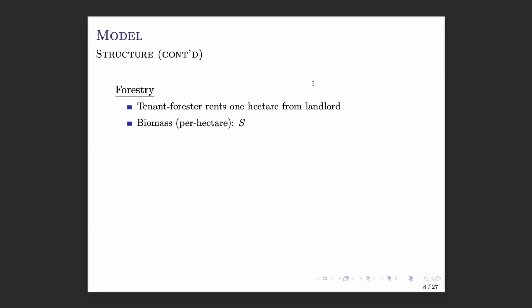Each hectare of forest land has a biomass stock, capital S, and denote by lowercase h the harvest per hectare. And then there's a biological law of motion that relates the growth in the biomass stock to harvest, which detracts from that, and some organic growth term. That's the G of S you see here.